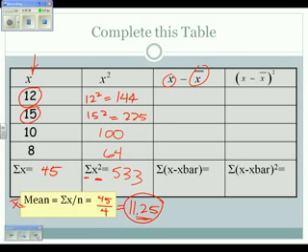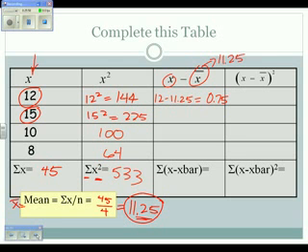We already know, in this case, it's 11.25. So for this chart, we're going to be subtracting 11.25 each time. That x bar is going to stay the same for all four data values. So we do 12 minus 11.25, and what does that give me?